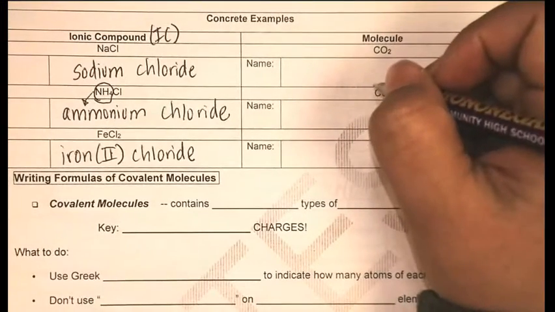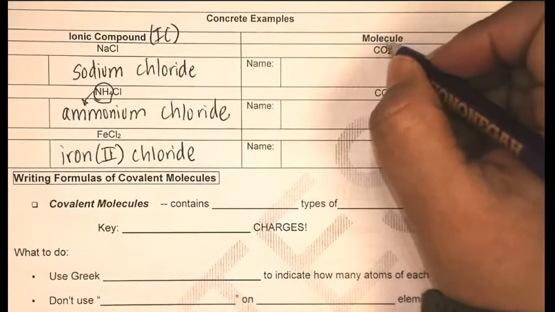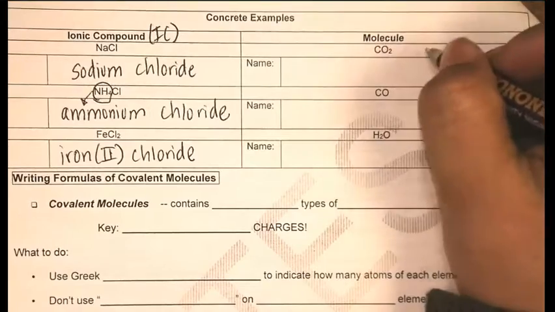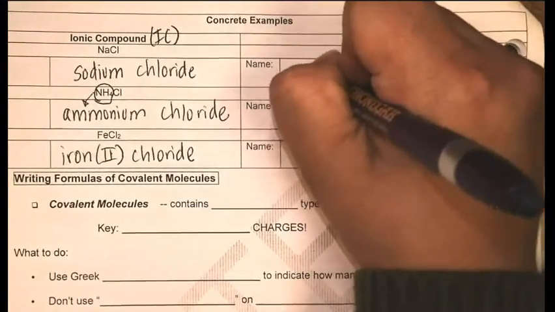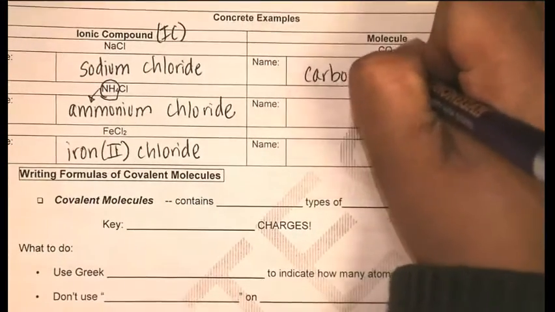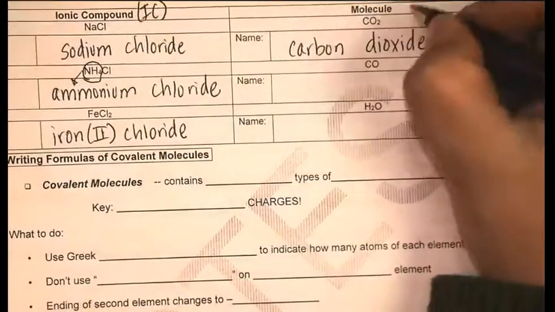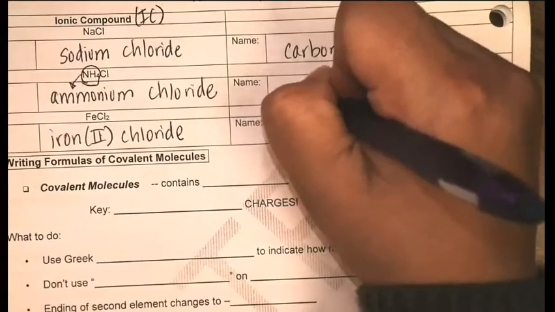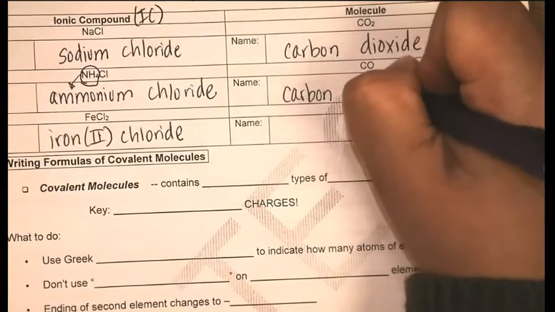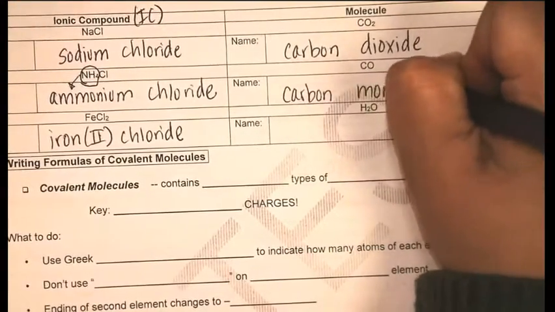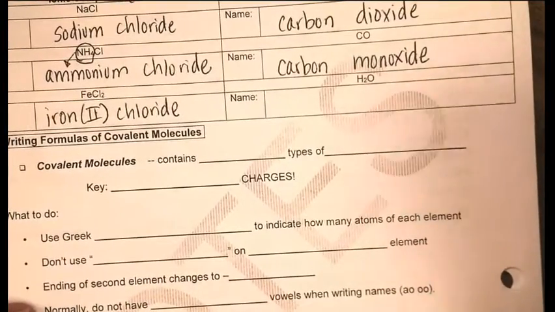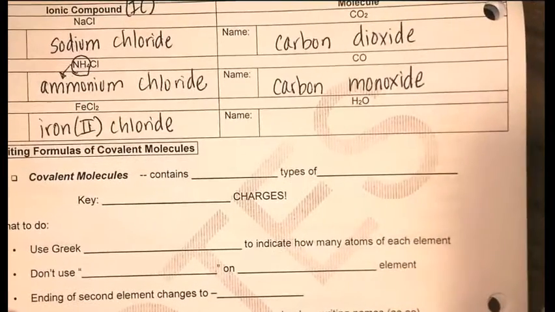Now on the right side, we're going to look at molecules. So this is what's new. A lot of you already know what CO2 is. CO2 is carbon dioxide. You may also know that CO is carbon monoxide. And H2O is water, but that's not the actual molecular name.